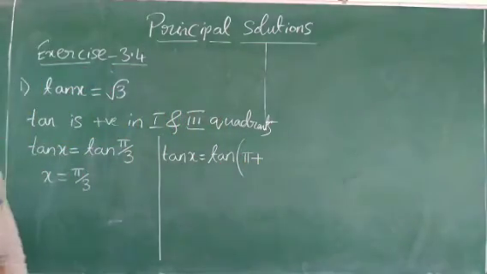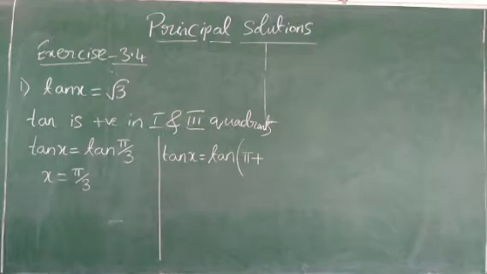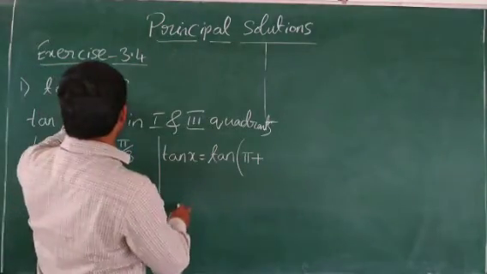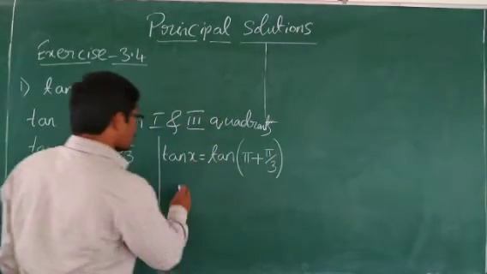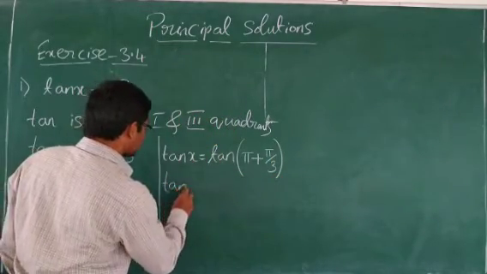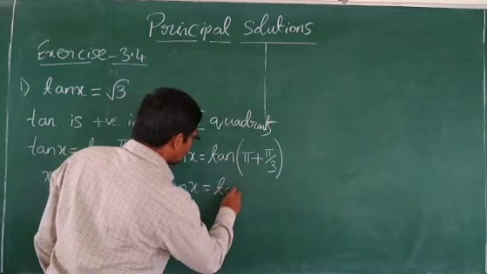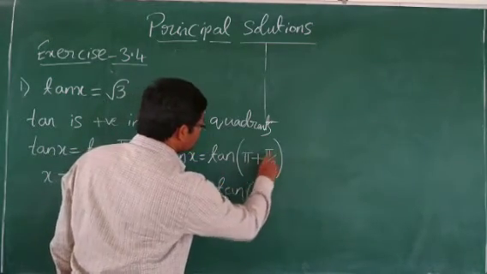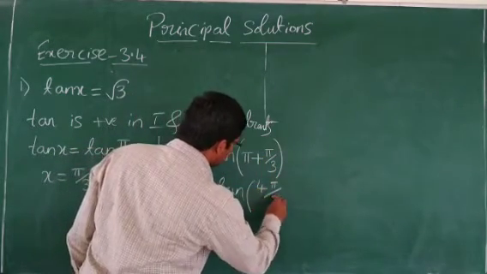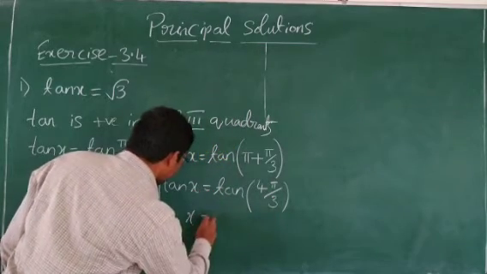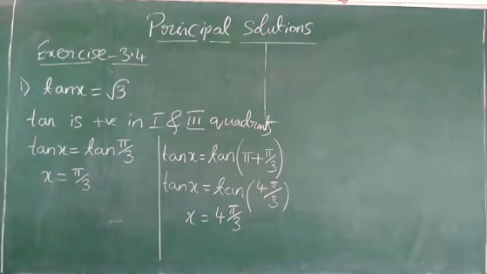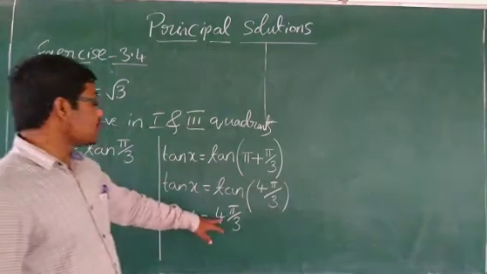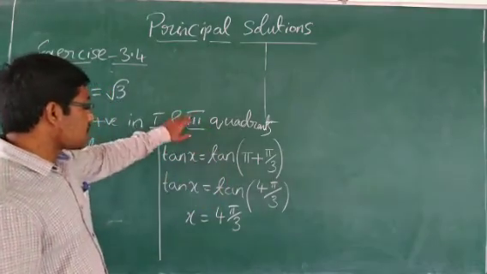Again, where do you get root 3? For pi by 3. So tan x is equal to tan of 3 pi plus pi, 4 pi by 3. So x is equal to 4 pi by 3. So we are getting two solutions. One is in the first quadrant and this solution we get in the third quadrant.